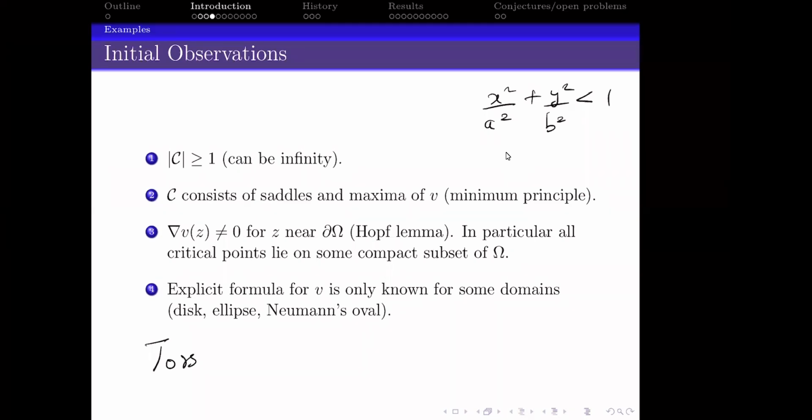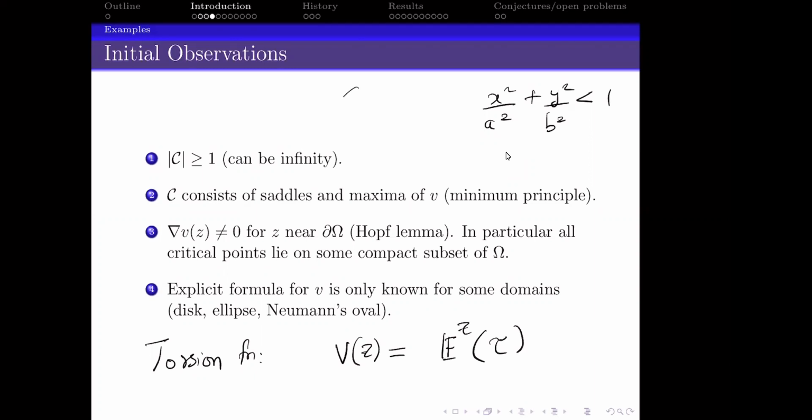As I said, sometimes this landscape function is also known as the torsion function, and there are some probabilists. To give connections to probability, this landscape function V of Z is exactly the same as E_z of tau.